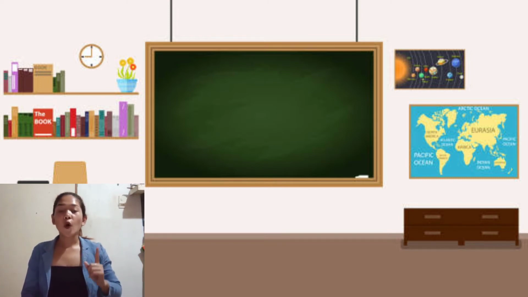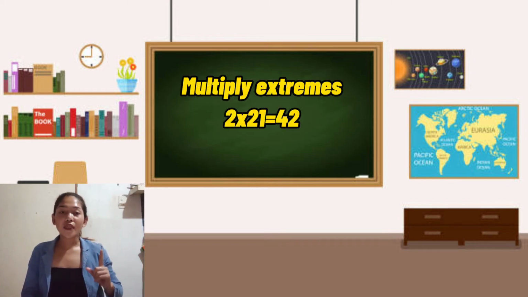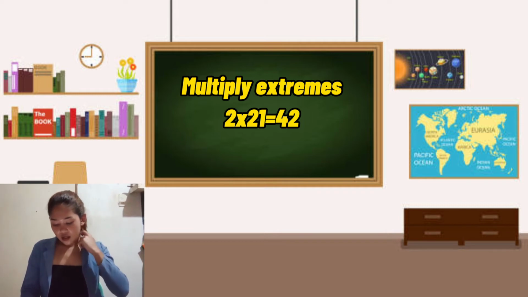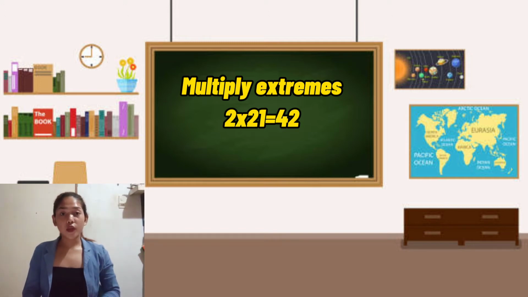The first step, we must multiply the extremes. Ang extremes kay katong first ug fourth term. So, 2 times 21, which is equal to 42.